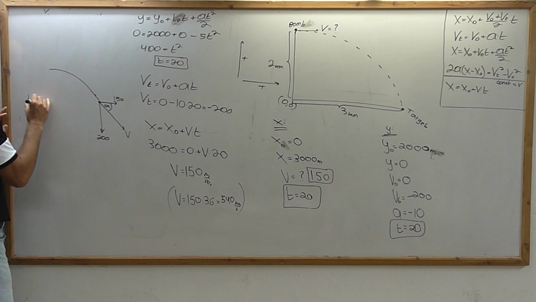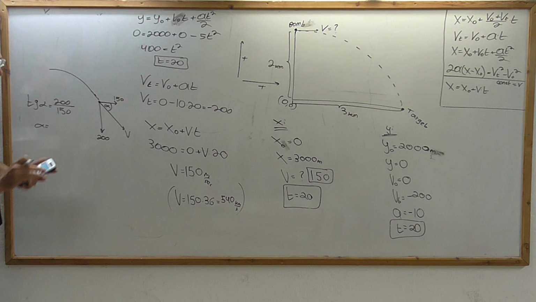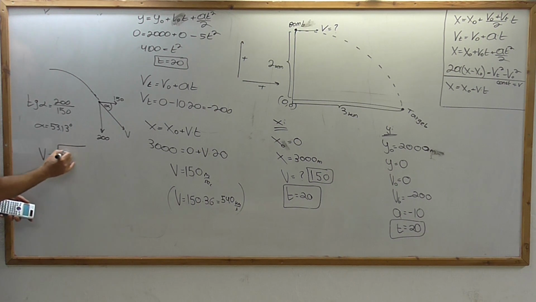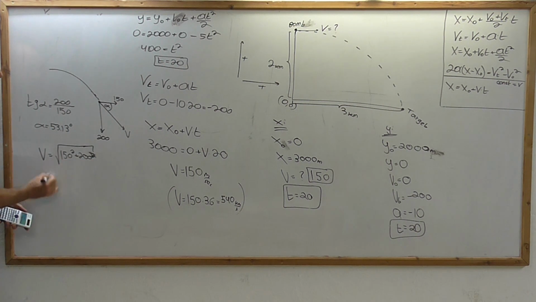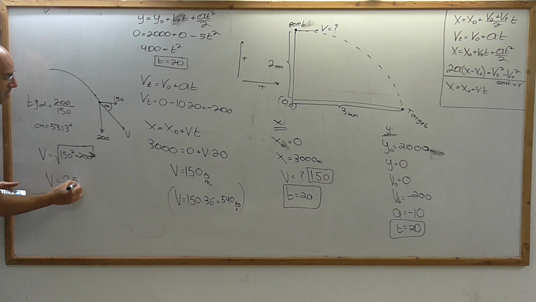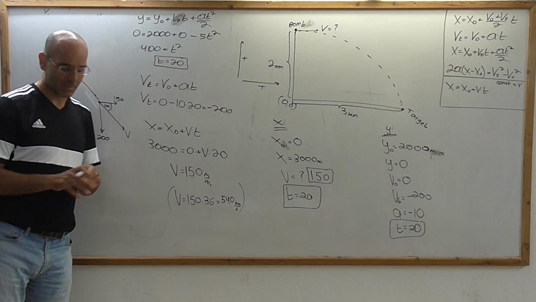If I want to find the angle, I'll do 200 over 150, shift tangent, 53.13 degrees. And if I want to find the velocity, this is how I find it. So it will be the square root of 150 squared plus 200 squared. Again, very beautiful numbers. Okay, so now I know everything about this exercise.